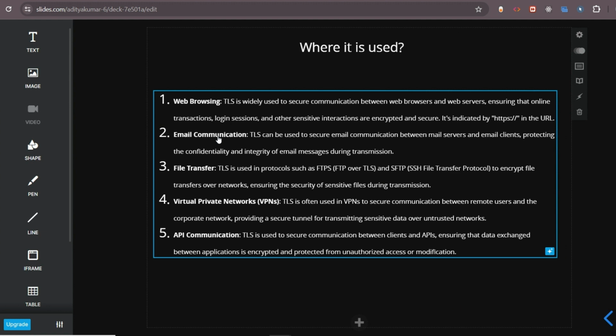That security is managed by TLS. It is also used in file transfer and in API communication. VPNs are used widely across organizations to enable TLS. So these are the use cases, the places where TLS is used.